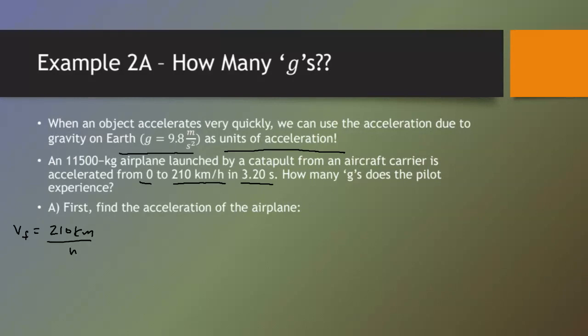Now, the conversion is exactly the same. We're going to do the exact same thing every time as we did in the last problem. We're going to divide by 3,600 to get rid of the hours, and then multiply by 1,000 to convert it to meters.